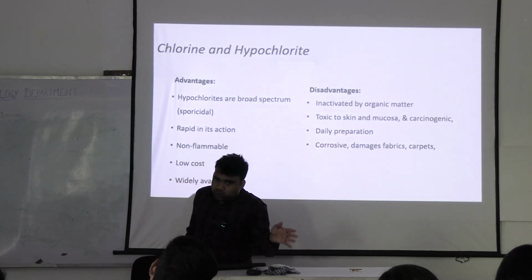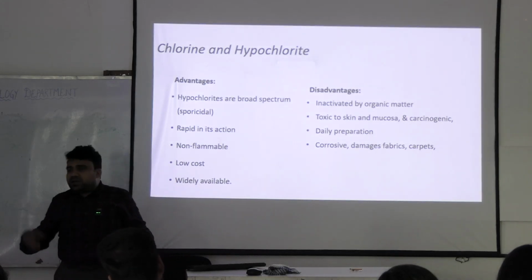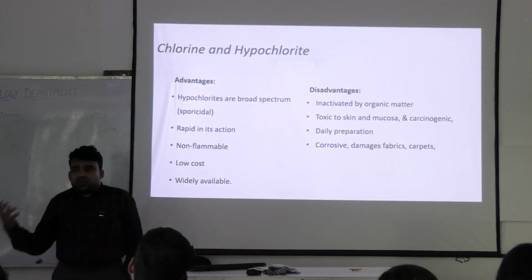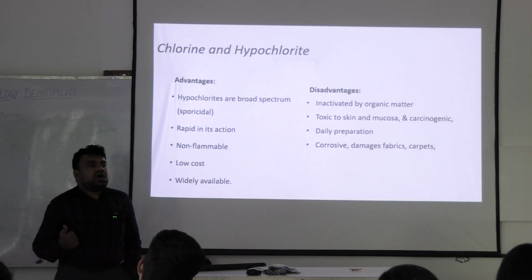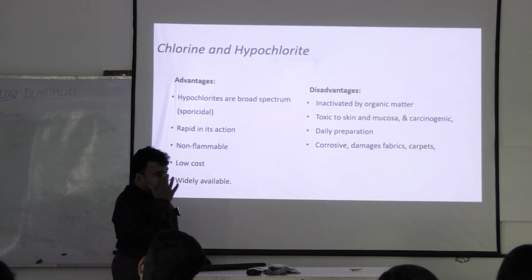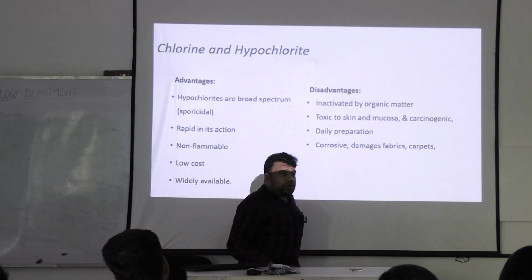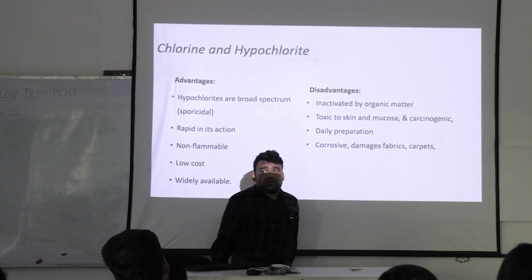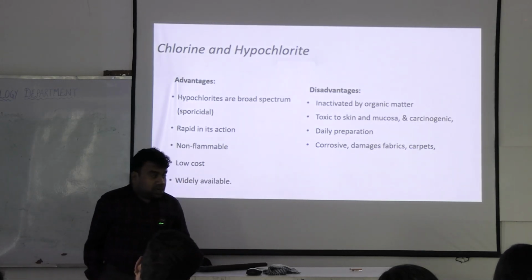So if we need to disinfect a surface like a floor or an OT table, and organic matter like blood or body fluid is present, first we need to clean them. Then only we can use hypochlorite. Otherwise, its action will fail. Furthermore, whenever we are using hypochlorite, protective equipment should be there. Otherwise, it can cause damage to skin and mucosa, and it is also a potential carcinogen.